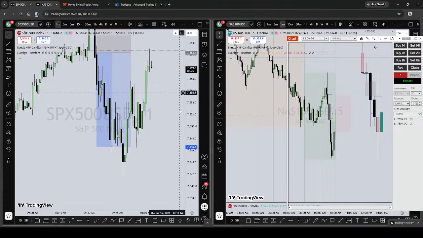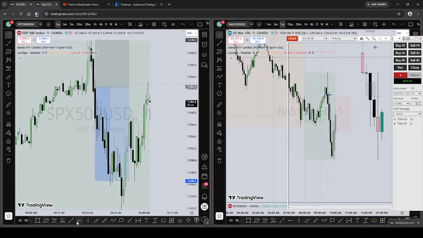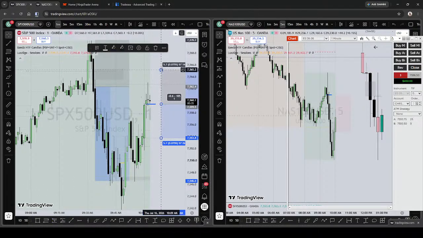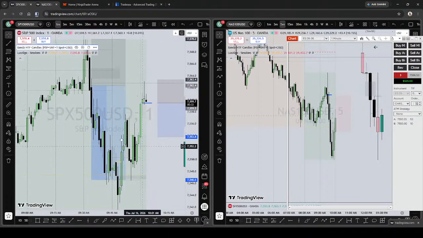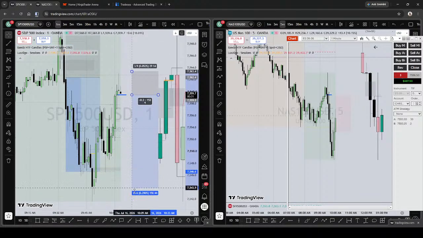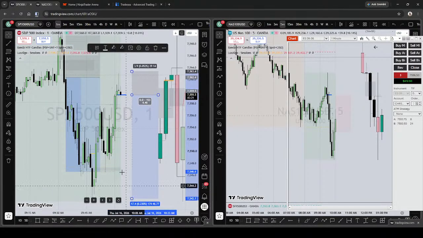If we get a close below this candle, I'll be interested in taking short shots, something like this, targeting these lows. So this would have been a second trade for me if I was interested in that.